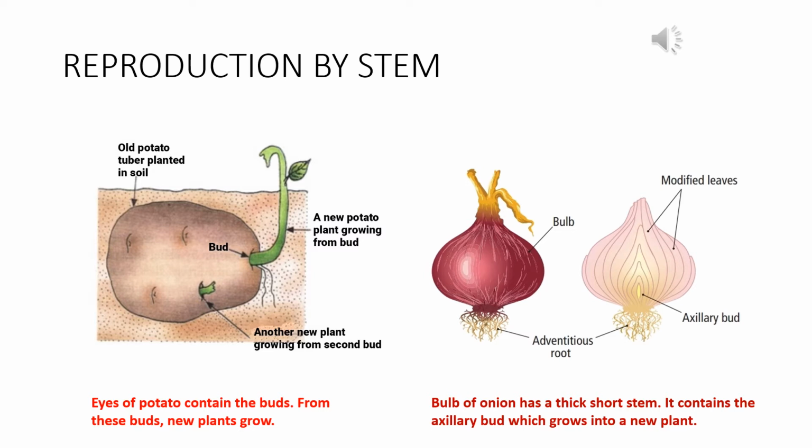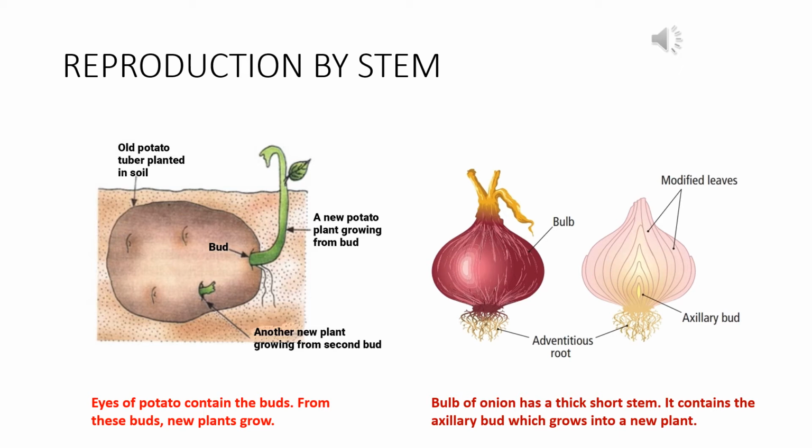So if you take a potato which has eyes or buds on its surface and plant it in moist soil, and then water the soil in humid conditions or during the rainy season, you will see that new plants are growing from the buds. So this is also reproduction or propagation by the stem.